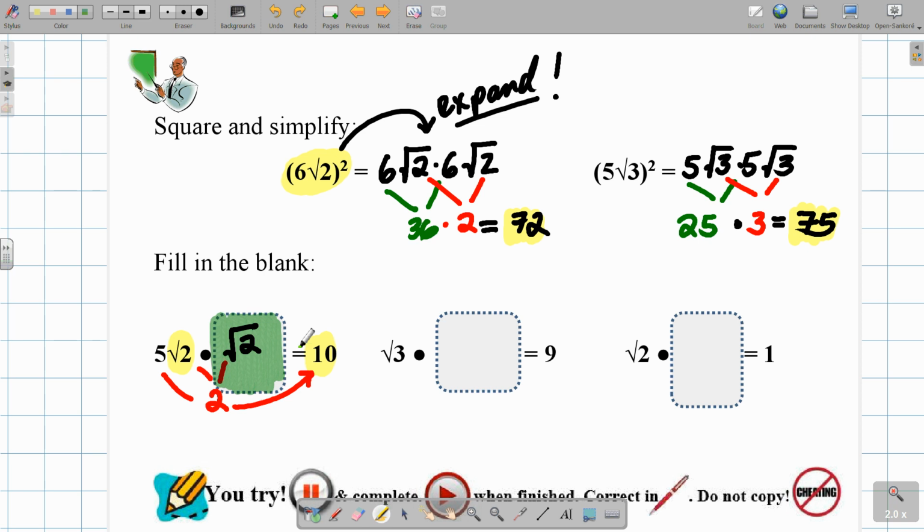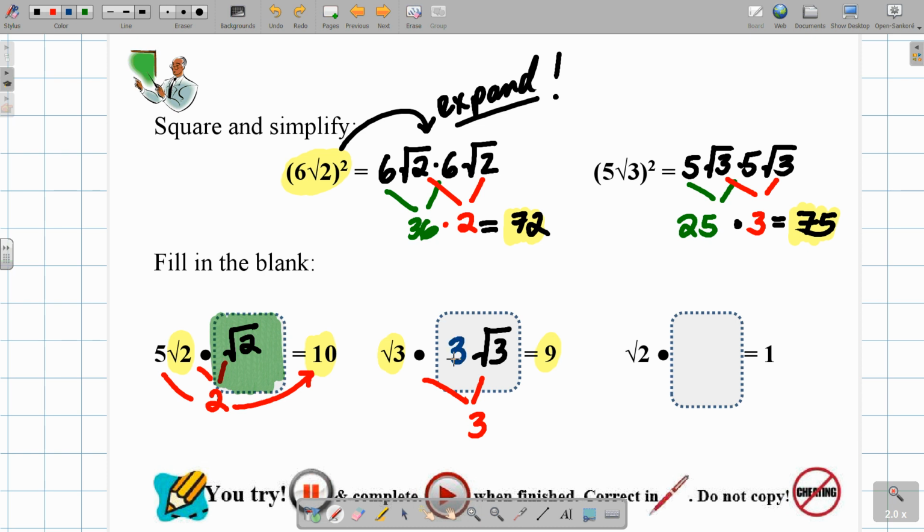Look at this one. There's no radical in the answer, so you have to ask yourself, what do you multiply by to get rid of root 3? And I know I have to have another root 3. But root 3 times root 3 is only going to give me 3 by itself, and somehow I have 9 here. So I ask myself, what times 3 is 9?